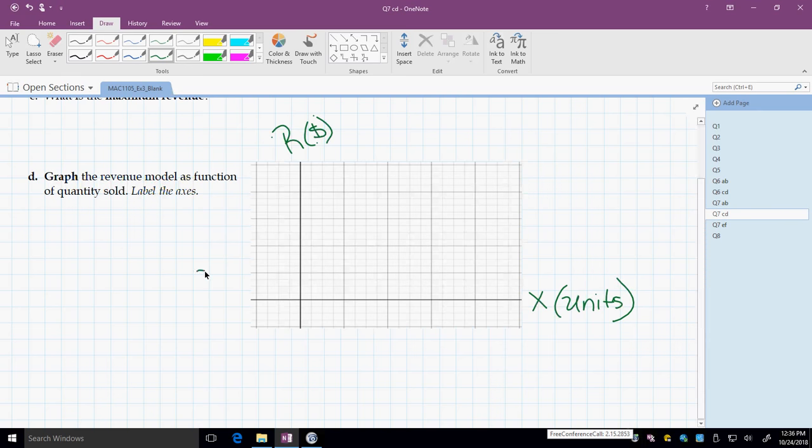I'm going to go by 900, 1800, 2700, 3600. On our x-axis: 90, 180, 270.